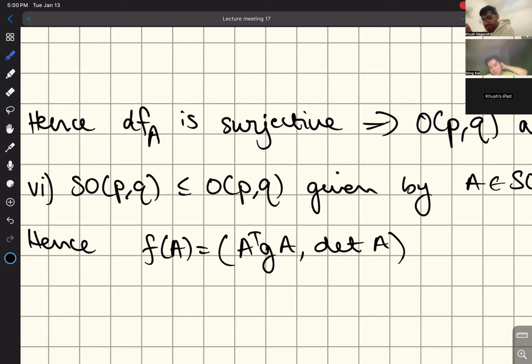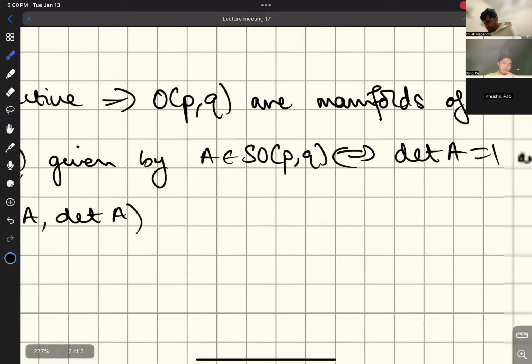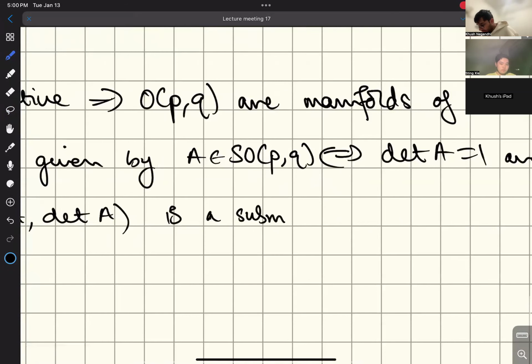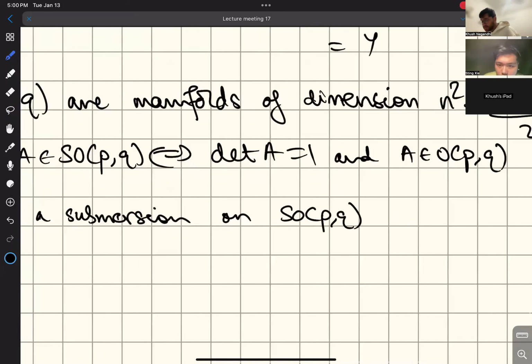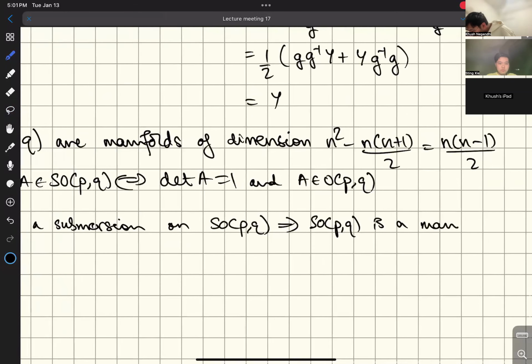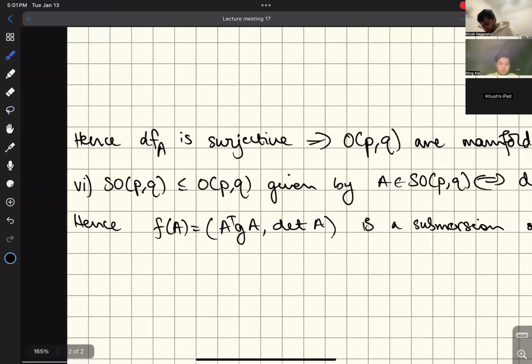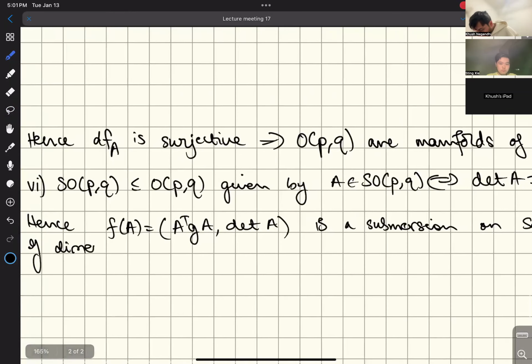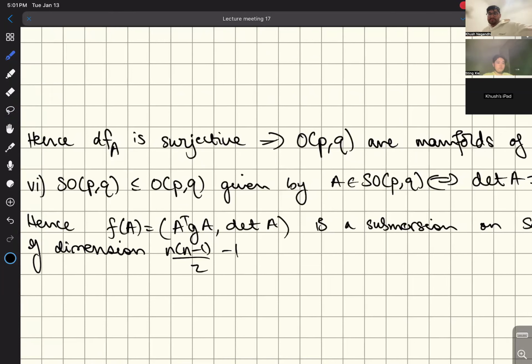And since each of these are submersions on the corresponding spaces, this whole map is a submersion on SO(p,q). What this implies is that SO(p,q) is a manifold of dimension n times n minus 1 divided by 2 minus 1. Very simple.